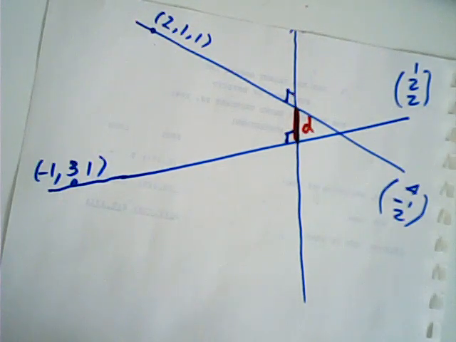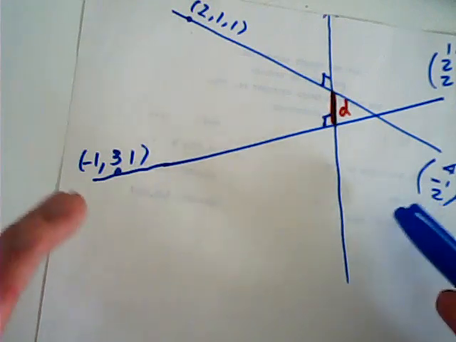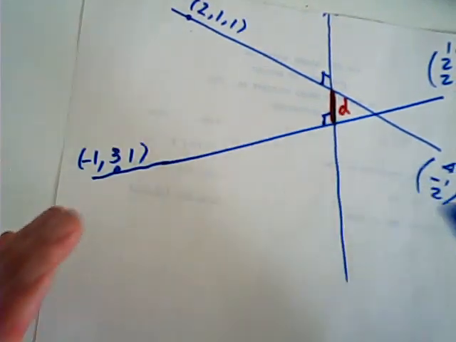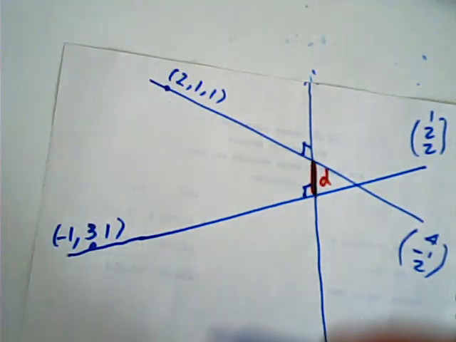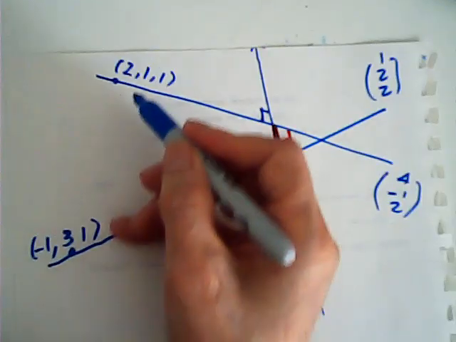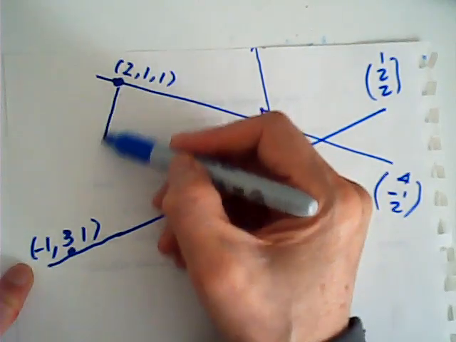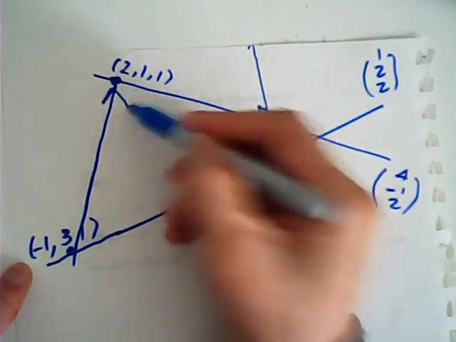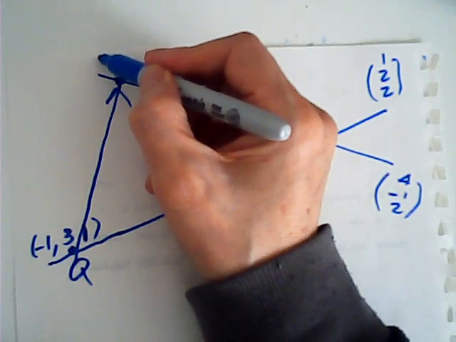Okay, how do we look? Using projection is very easy to find it. For example, I choose the point, well, because this point is given. I use this point. Then this becomes a vector. This is a Q, this is a P.